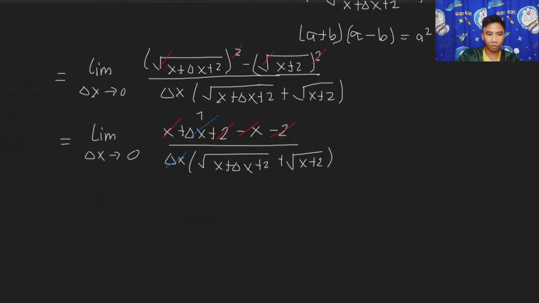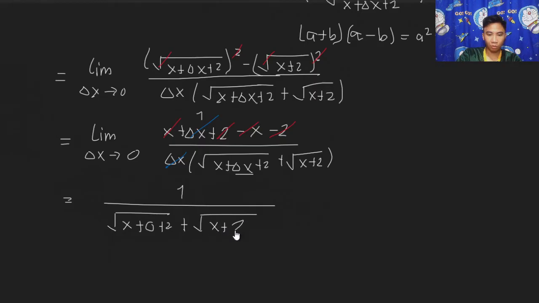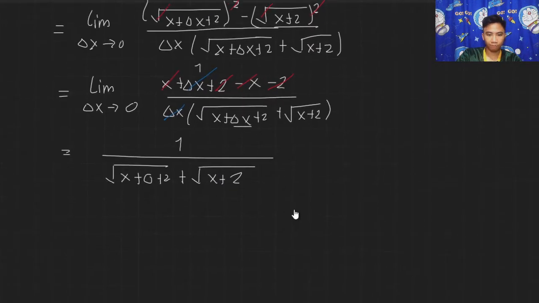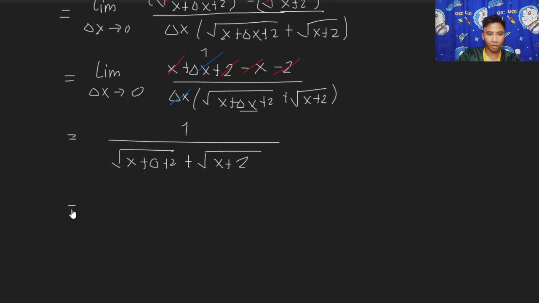So, by substitution of the limit, we will now have 1 at the top. And then, square root of x, we replace delta x with 0, plus 2 plus square root of x plus 2. So, we will now have 1 all over square root of x plus 2 plus the square root of x plus 2.